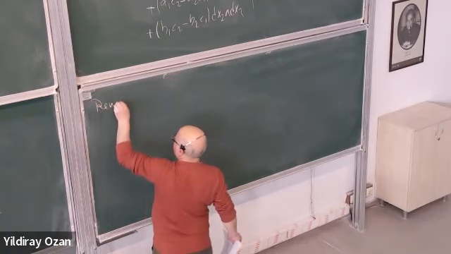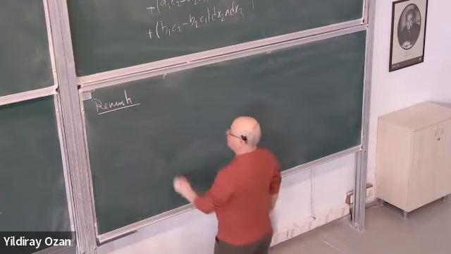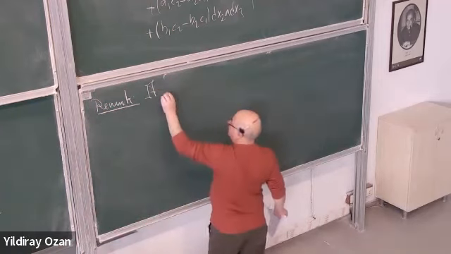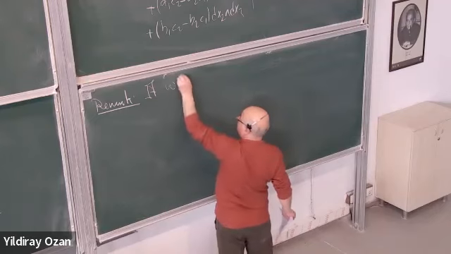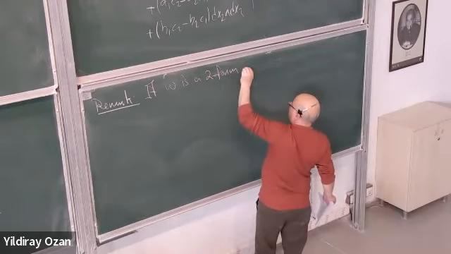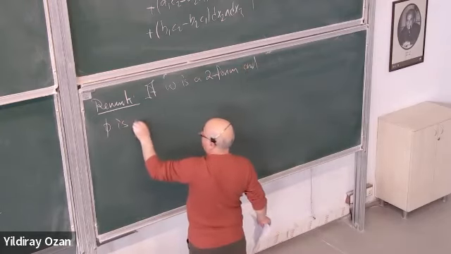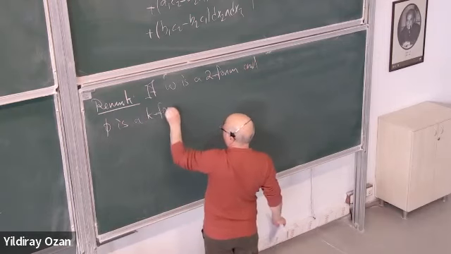So let's say omega is a two form, and let's say phi is a k form.